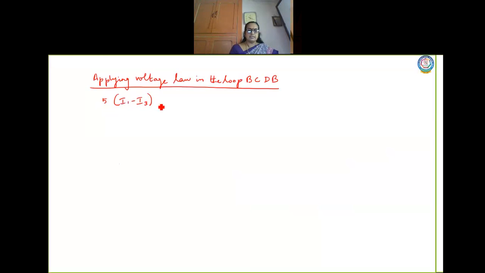Now, let us write the equation, applying voltage law in the loop. What is the name of the loop? B, C, D, B. So I will have 5 into (I1 minus I3) minus 10 into (I2 plus I3) minus 5 into I3 equal to 0.